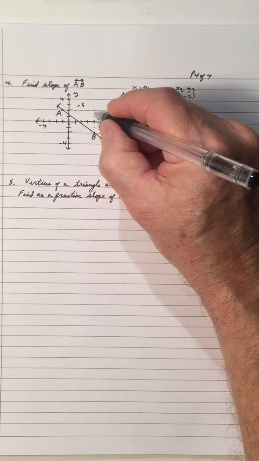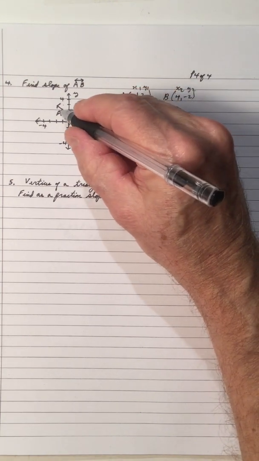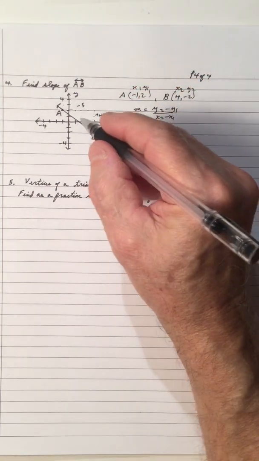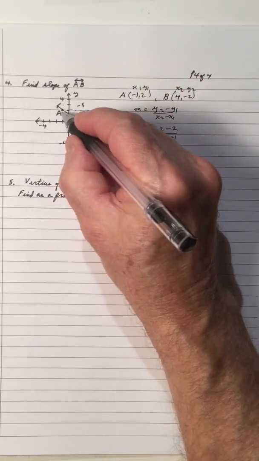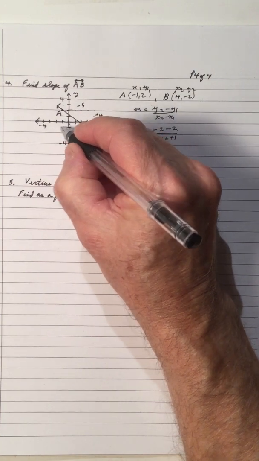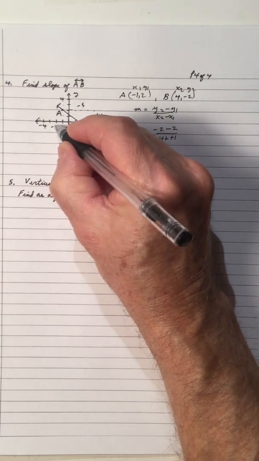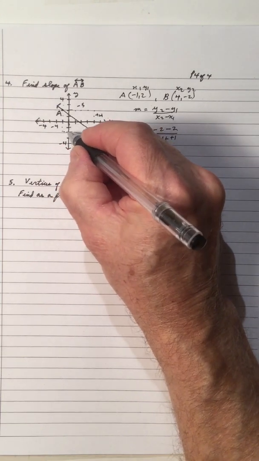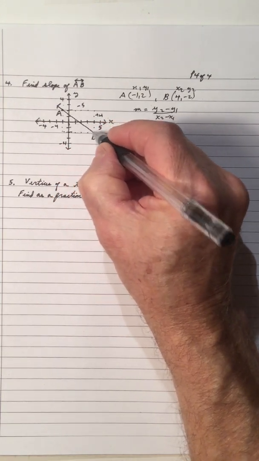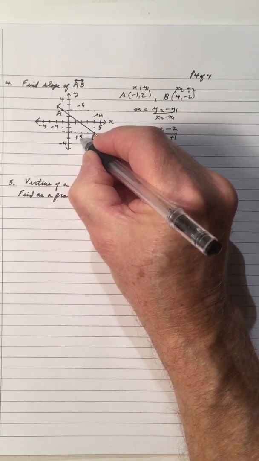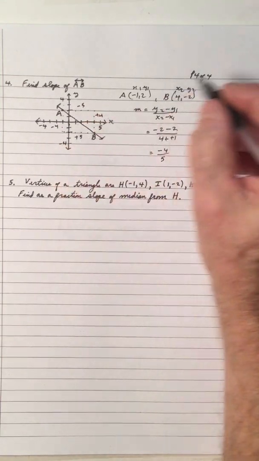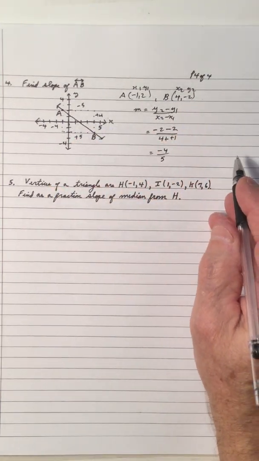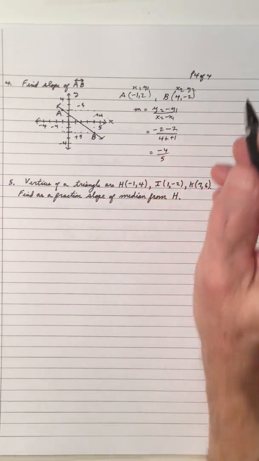So going up is positive 4, to the left is negative 5, so the slope is negative 4 over 5. Or you could start from A and go to B, so you go 1, 2, 3, 4. That's negative 4 if you're going down, and you're going to the right, 1, 2, 3, 4, 5. That's a plus 5, so it's negative 4 over 5 still. So you can get it from the graph, or you can use the slope formula.